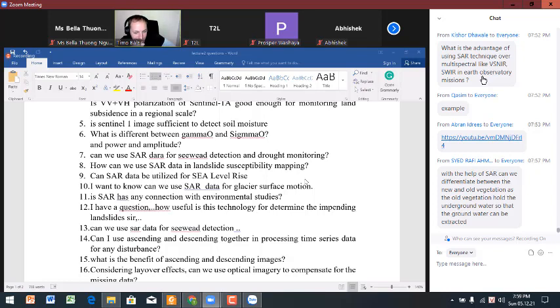And can SAR data be utilized for sea level rise? I guess you mean to monitor the sea level rise. Yes, in theory, we can detect water. We can separate water from land. However, there are different tools with radar. We have radar altimetry, where we actually measure height, especially for the sea.